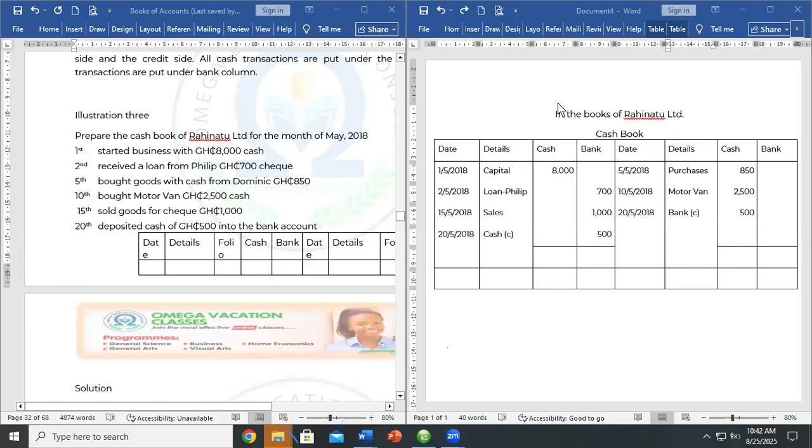Some people go through the long chain of, okay, it was a cash sale, so they debit cash and credit sales, then they come back and credit cash and debit bank. Please save yourself that stress. Anytime you see cash sales deposited into the bank, it's between your sales and your bank. So don't stress yourself going through that long chain.